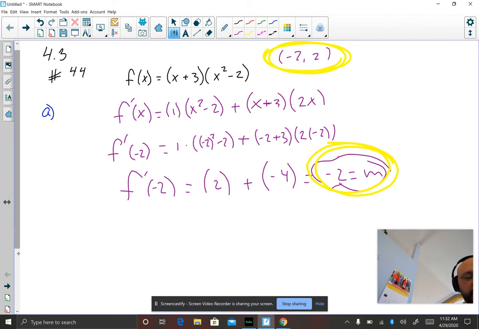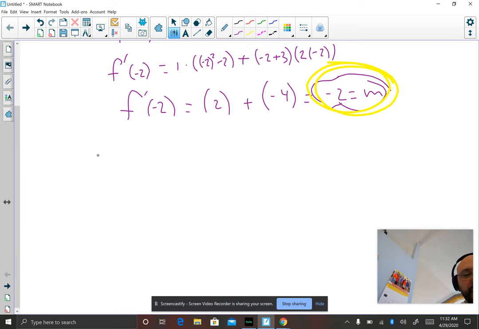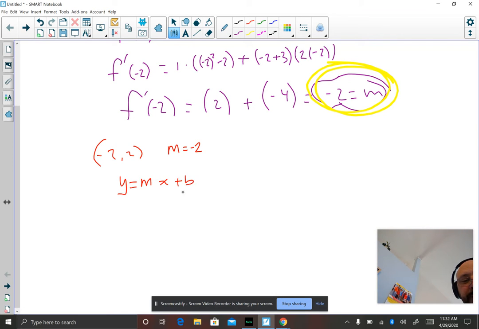So for part A, we're going to take our point, -2, 2, and our slope of -2. I honestly prefer point slope. We'll do slope intercept. y equals mx plus b. I'm going to substitute this 2 in for y, this slope in for m, this x value in for x.